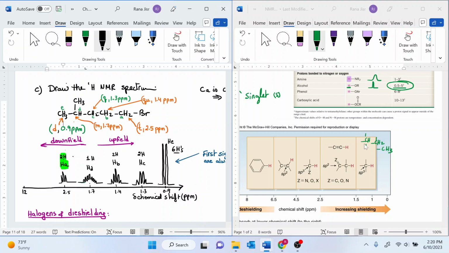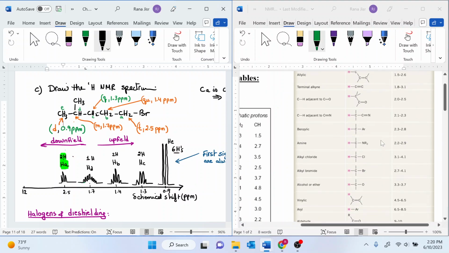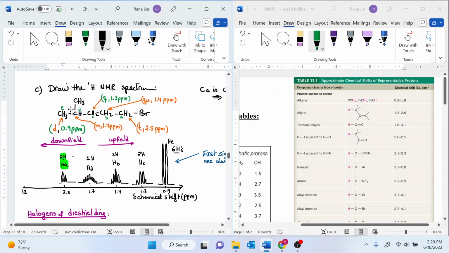This is the order. So the CH will not appear before the CH2. So this means that over here, the CH is going to be the furthest de-shielded among all of those CH2s and CH3s. The one that is going to appear at the beginning of the spectrum are these CH3s that are far away from the bromine.